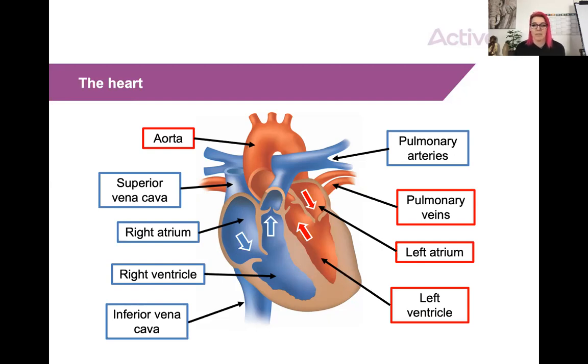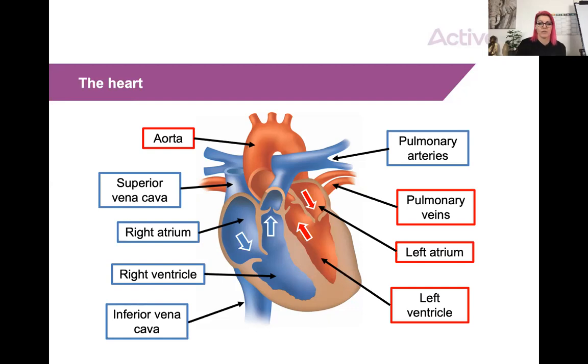So then the veins are going to bring the deoxygenated blood back up to the heart, and it's going to come in through the inferior and superior vena cava into that right atrium, from the right atrium to the right ventricle, and then back up to the lungs via the pulmonary arteries. So remember, pulmonary relates to lungs. So pulmonary arteries are going back up to the lungs, where we can exhale that deoxygenated blood and start the cycle again.